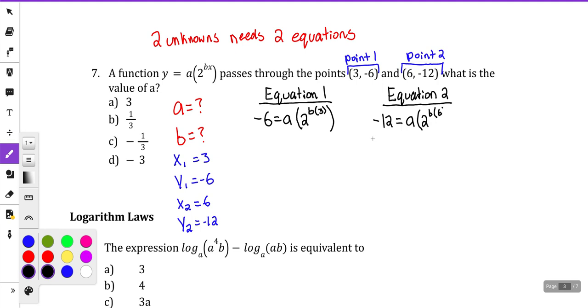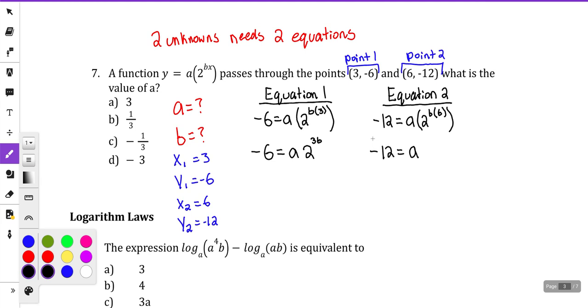Well, my B's and 6's look a lot alike. If we were to clean this up a little bit, that first equation, I would rewrite it like this: A times 2 to the power of 3b. And when I clean up the second one, all I'm doing is making it look nicer, right? I'm fixing the exponent.